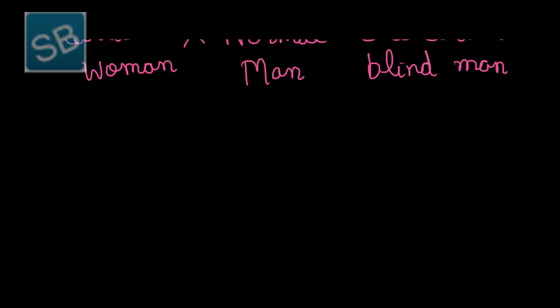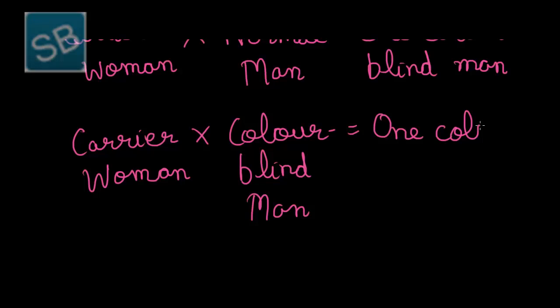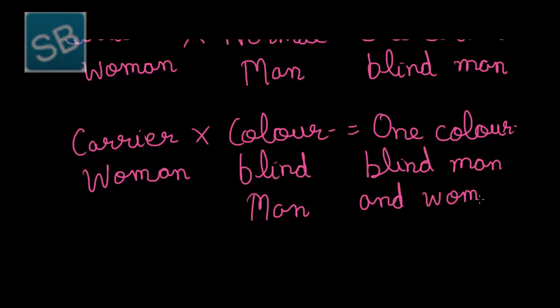Similarly, in the other situation where a carrier woman is crossed with a color blind man, the offspring produced will contain both one color blind man and one color blind woman. So this is all about color blindness as a Mendelian disorder.